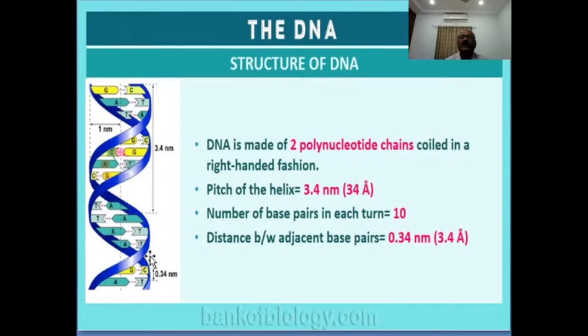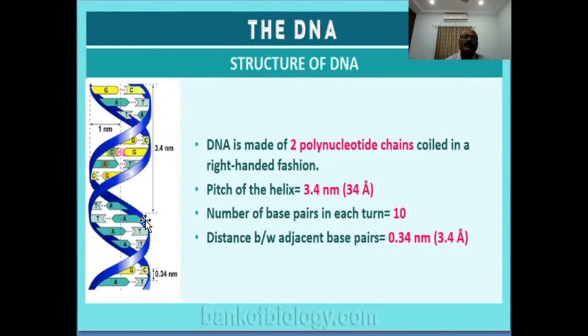That means 10 angstroms is equal to 1 nanometer. So from here to here, 10 pairs of nucleotides are there. 10 pairs means 20. So, 10 base pairs, and 20 base pairs means 20 nucleotides are there. Distance between adjacent base pairs: you see, this is one nitrogen base, this is one nitrogen base.